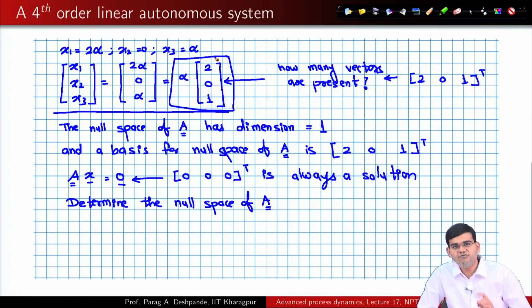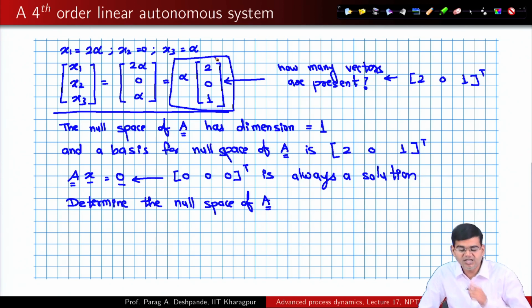Let me repeat, if you know one vector which solves A x equal to 0, which is still not the [0 0 0] vector, then all the multiples of this vector would be the solutions of A x equal to 0. This is what you got from here.